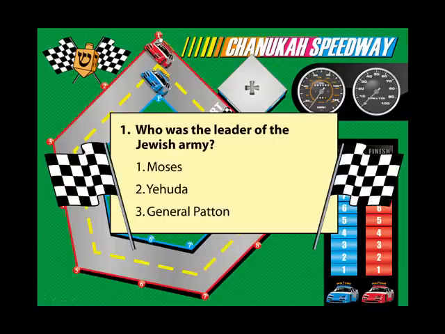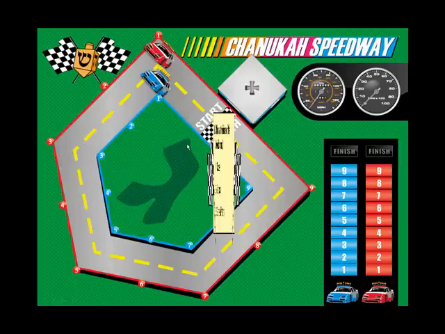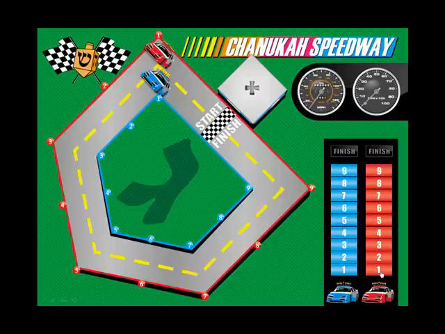If they answer correctly, click onto the question, and the question will disappear, and then go down to the box on the right hand side, which is number one, and by pressing that, the car will be propelled forward one space. The same thing continues all the way around.